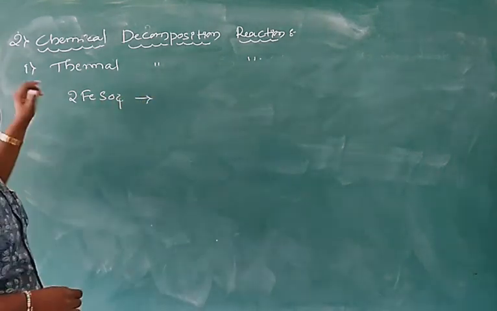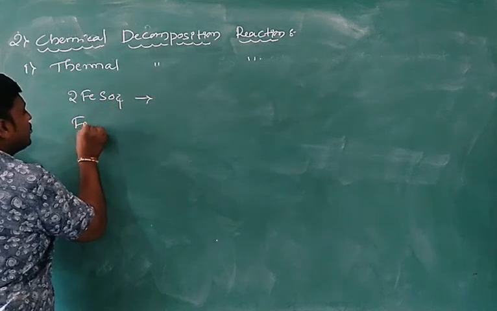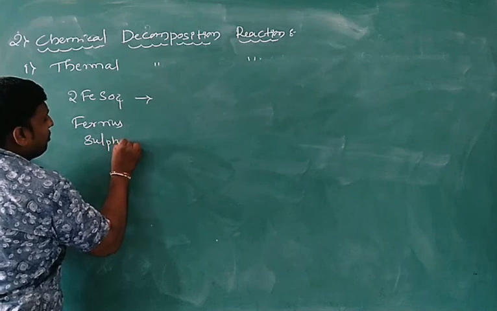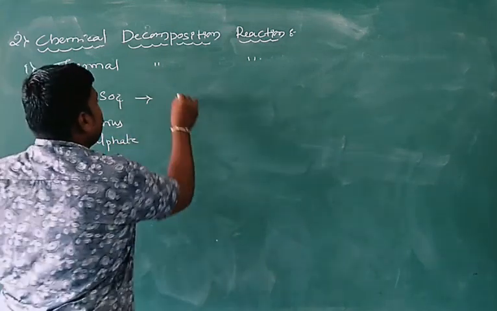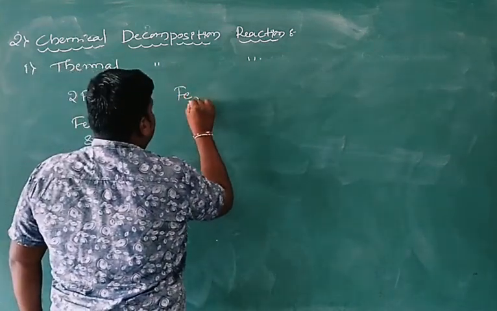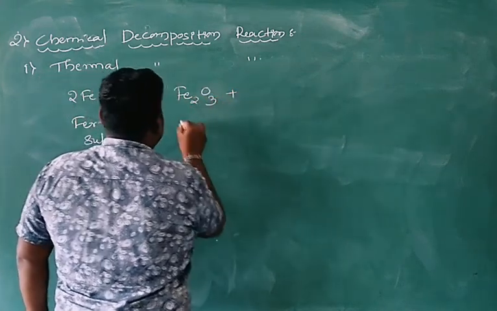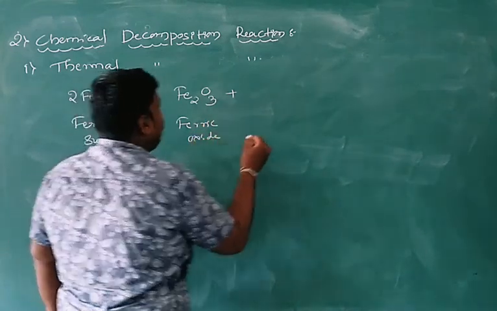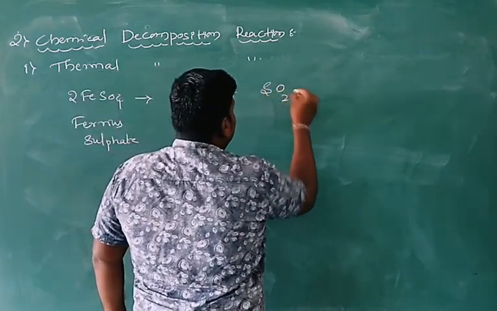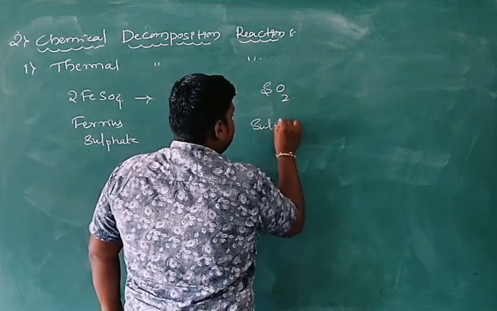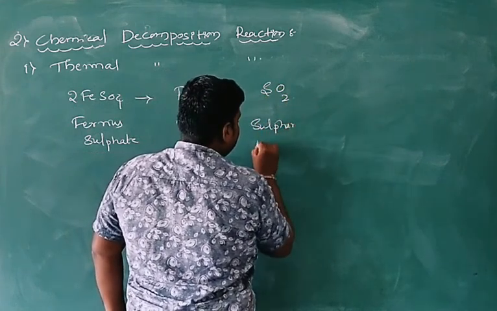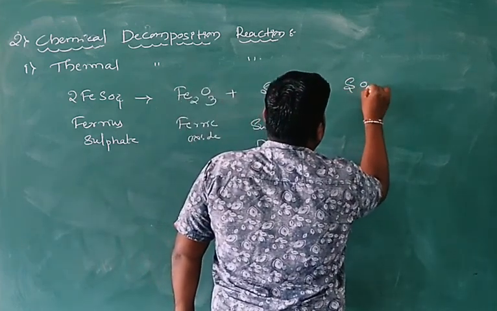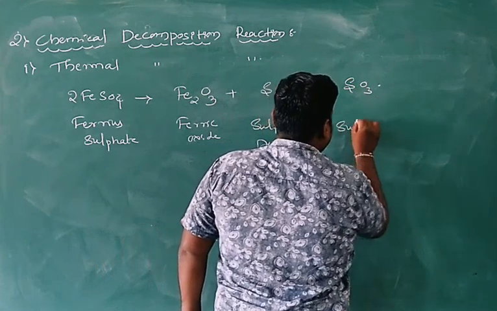2FeSO4, which means ferrous sulfate, decomposes to give ferric oxide Fe2O3, sulfur dioxide and sulfur trioxide.